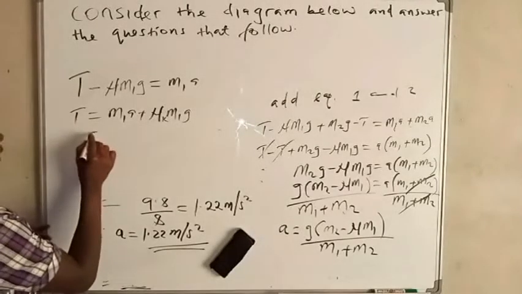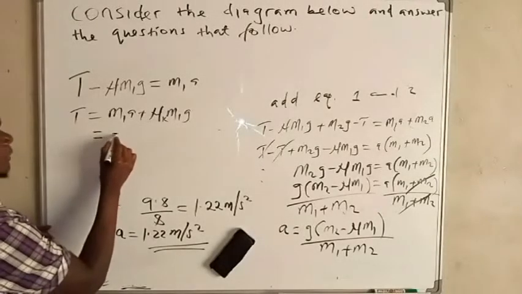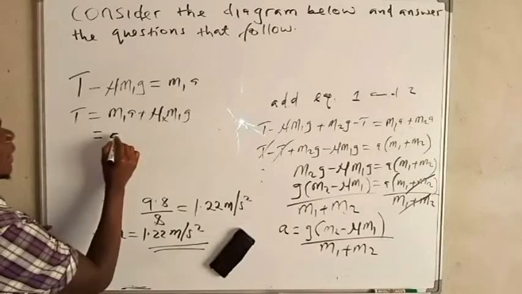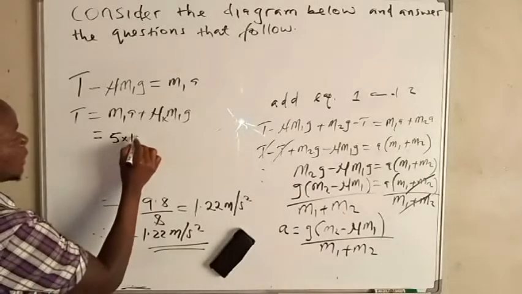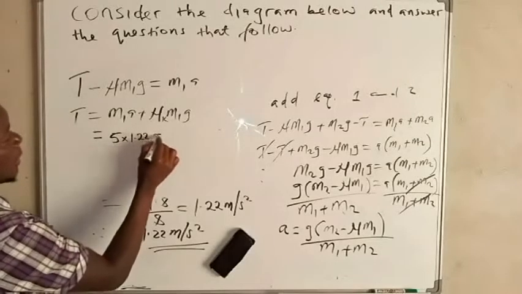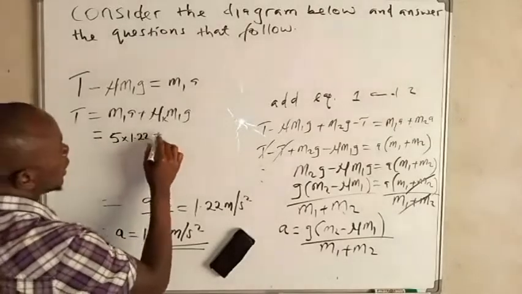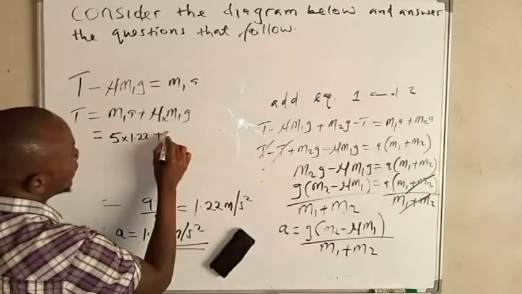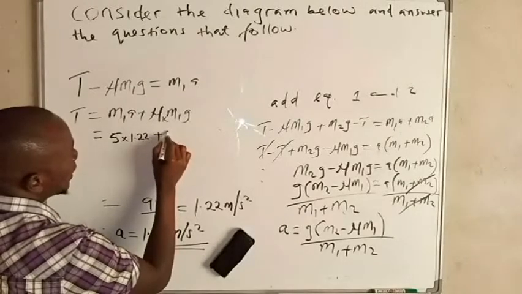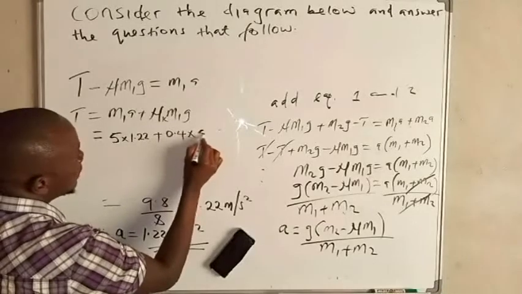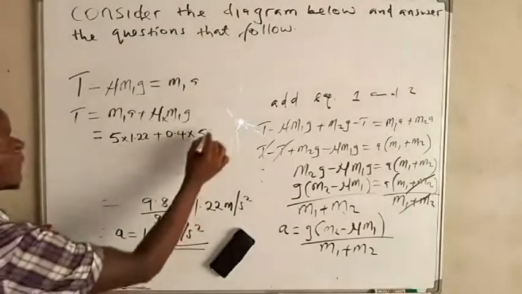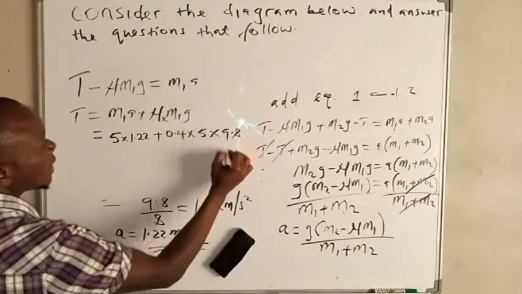Let us plug in the values now. We have 5 kg times the acceleration 1.22, plus the mu, 0.4, times m1, which is 5, times 9.8.